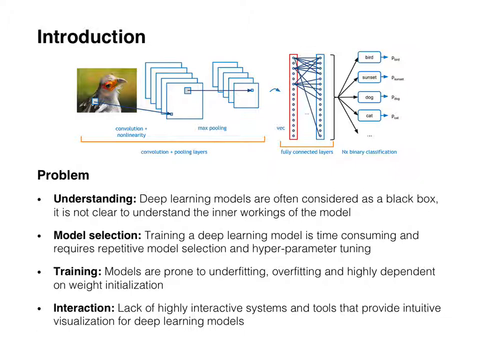So we'd like to visualize the deep learning model and see how we are going to work with the hyperparameters. Next, training: like the model flexion, deep learning models are very highly dependent on weight initialization, and every time you retrain the model, you always get different results. And of course, we'd like to visualize that too.